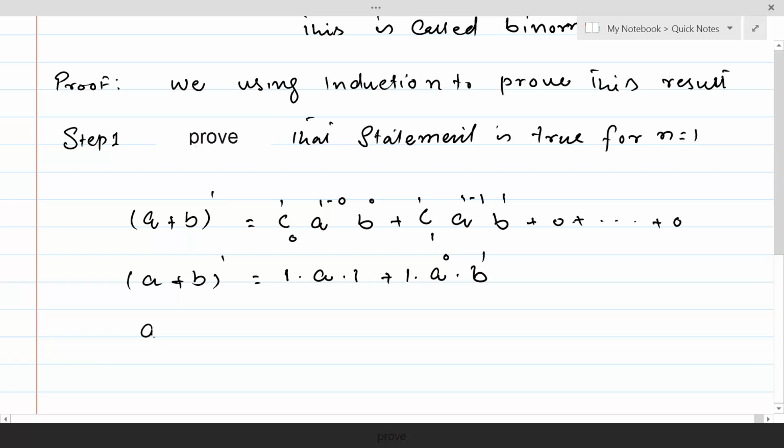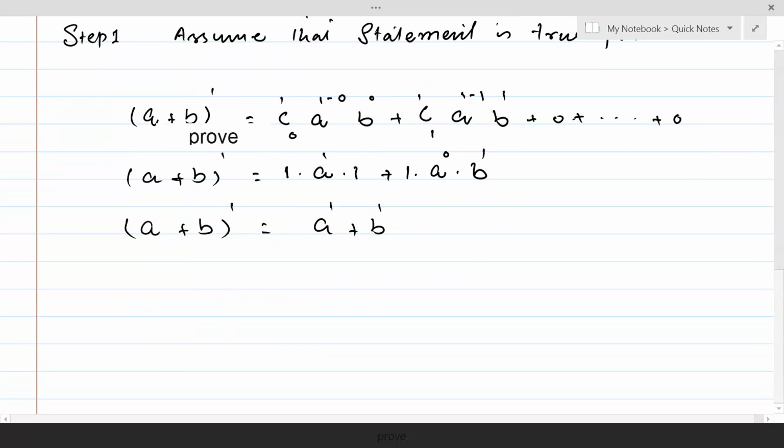This means (a plus b) power 1 is equal to a power 1 plus b power 1. That's it. And this is exactly true.